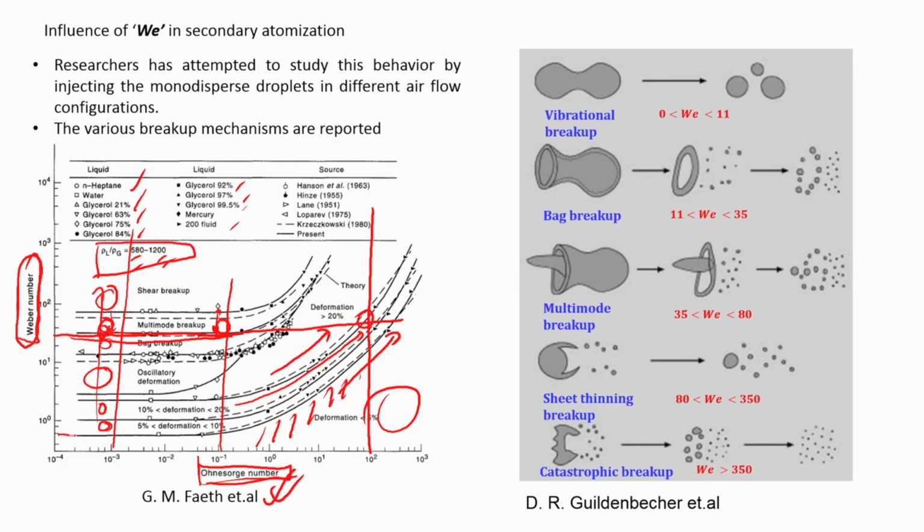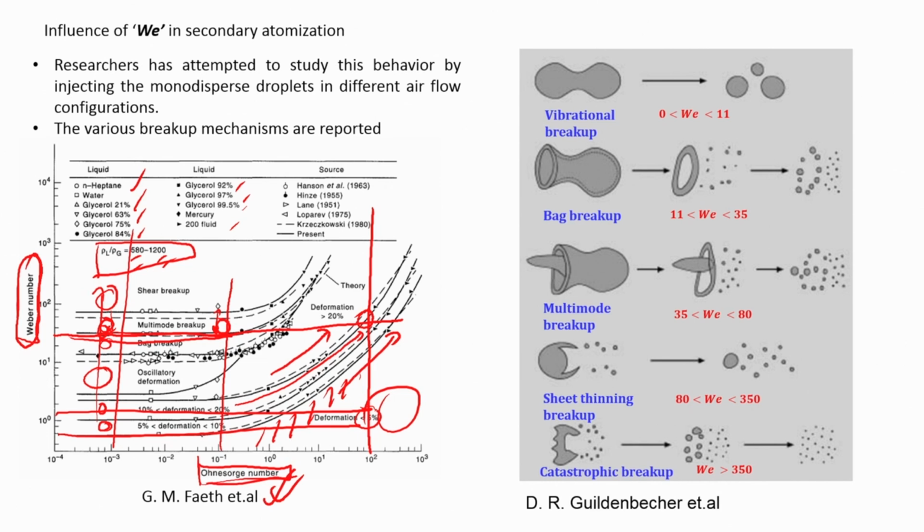So, for the same Weber number, where you were getting greater than 10% deformation, now you are getting less than 5% deformation, understood. So, it becomes progressively harder to atomize the same thing in a particular mode.